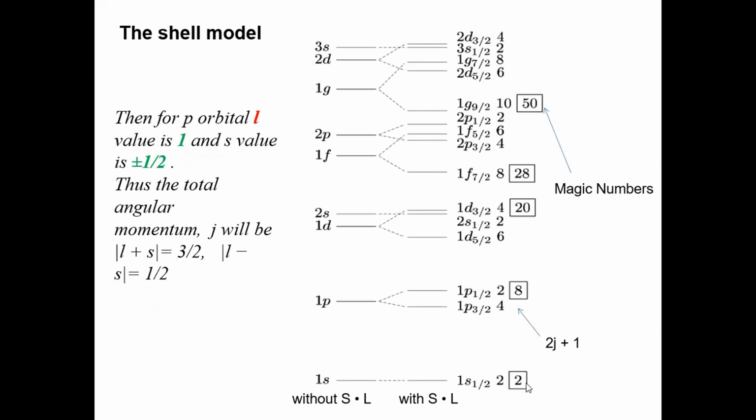Now you can see these numbers 2, 8, 20, 28, 50 are the magic numbers that were not really available with the help of a compound nucleus or a nucleus that is looking like a liquid drop. So shell model is able to interpret very nicely the magic numbers.